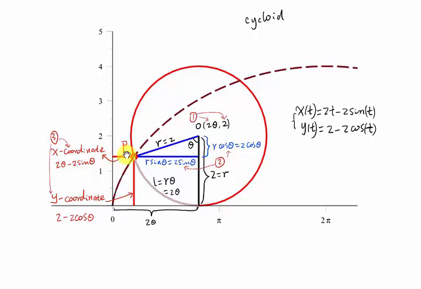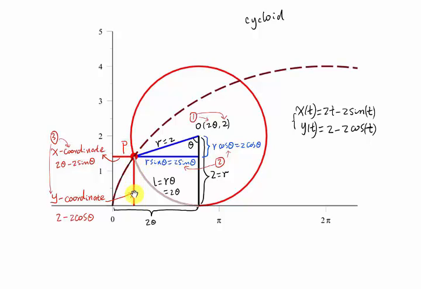So it's 2 theta, the horizontal length, minus the blue leg, 2 sine theta. So 2 theta minus 2 sine theta is the x-coordinate for P.